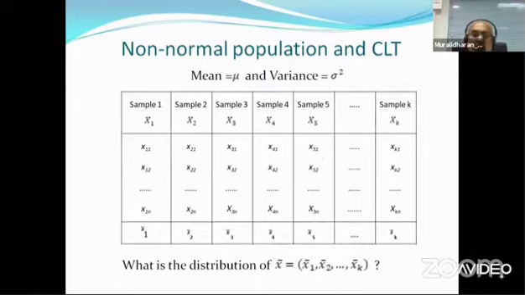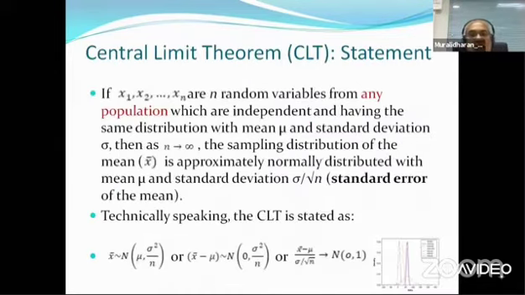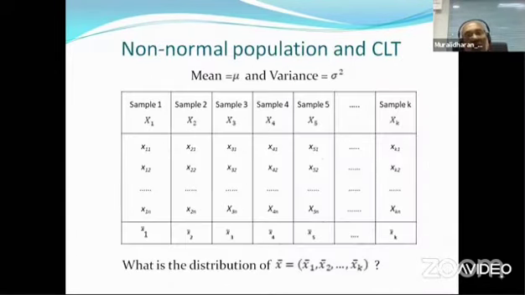So here is the general statement of the theorem. Please note that I have started with a general non-normal population, some unknown population, with some mean mu and variance sigma square. Don't get confused: I'm just giving a notation for mean as mu and variance as sigma square.